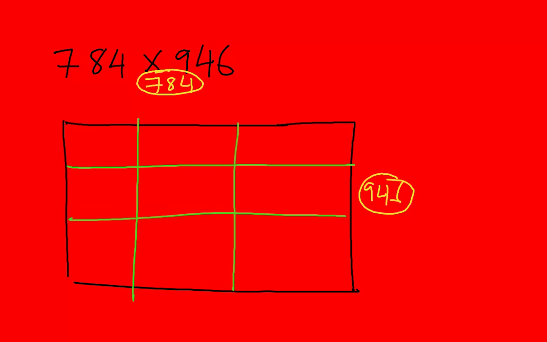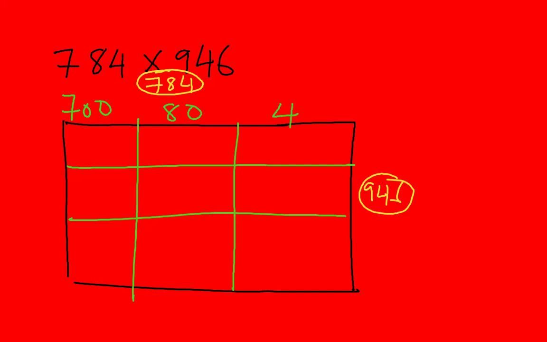Good. So on my upper side, I have 700s. That's the longer side of my rectangle. I have 700s. I have 80 or 8 tens and 4 ones. So I'll just write 700. I have 80 and I have 4 there.